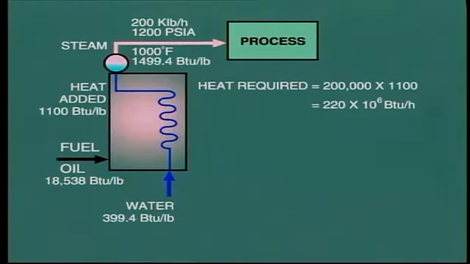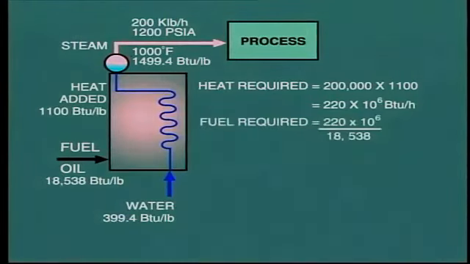So dividing the heat required by the calorific value of the fuel, that is 220 million BTU per hour divided by 18,538 BTU per pound, the quantity of fuel indicated is 11,867 pounds per hour, say 5.3 tons per hour.